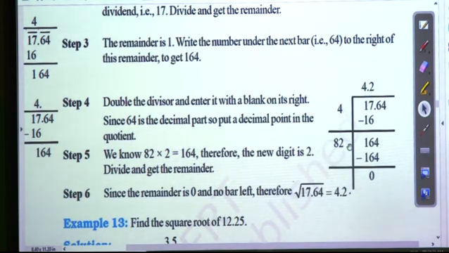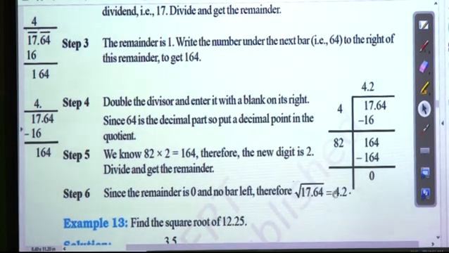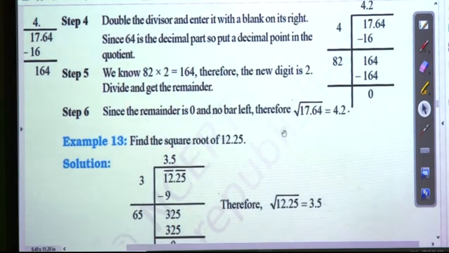We are guessing for a digit, that is 2. 82 times 2 is 164. We get the remainder 0. And what is the quotient? That is 4.2. What is that? That is the square root of 17.64. So in this way we are calculating the square root of decimal. The value, which one? 17.64.